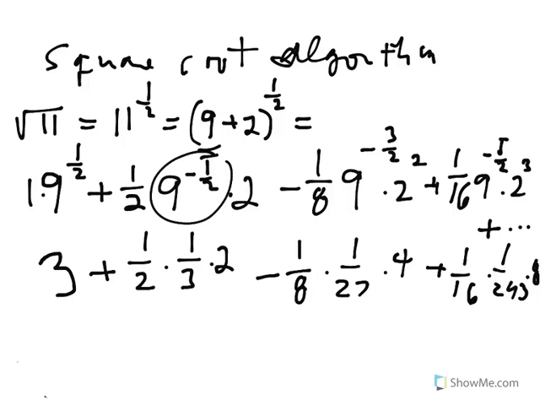Now it keeps going forever. And we should expect that because square root of 11 is an irrational number. But let's clean this up a little.